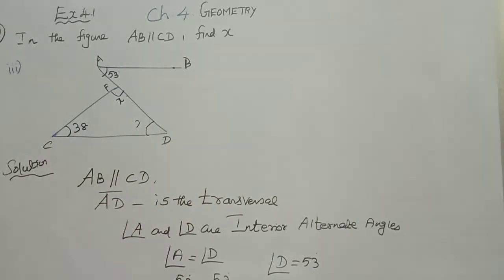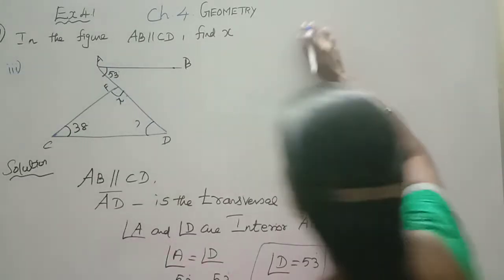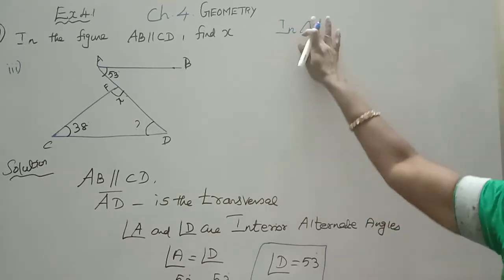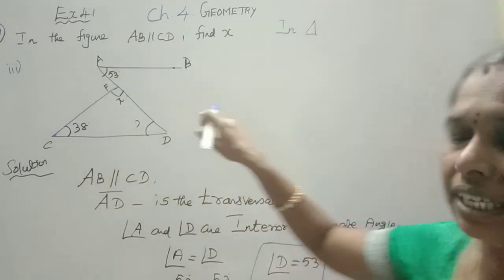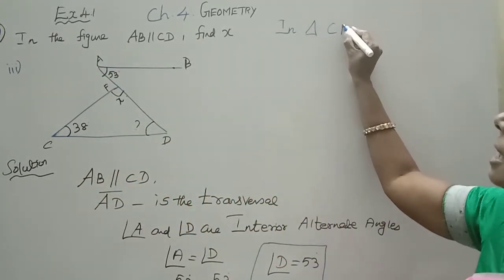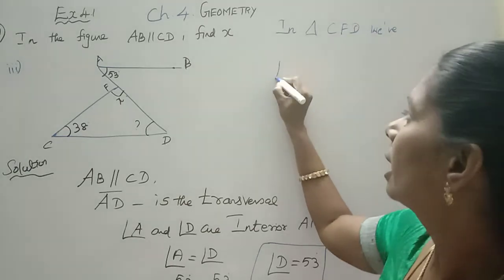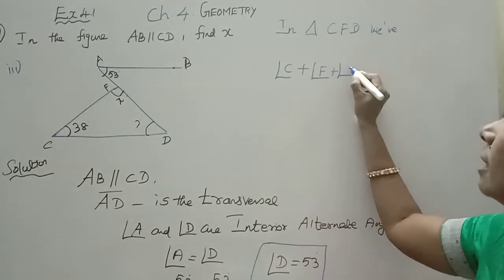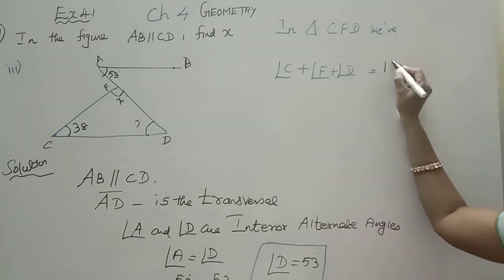Now complete the angle sum using the angle sum property. So angle D is equal to 53 degrees. Therefore, in triangle CFD, we have angle C plus angle F plus angle D equal to how much degree? 180 degrees.